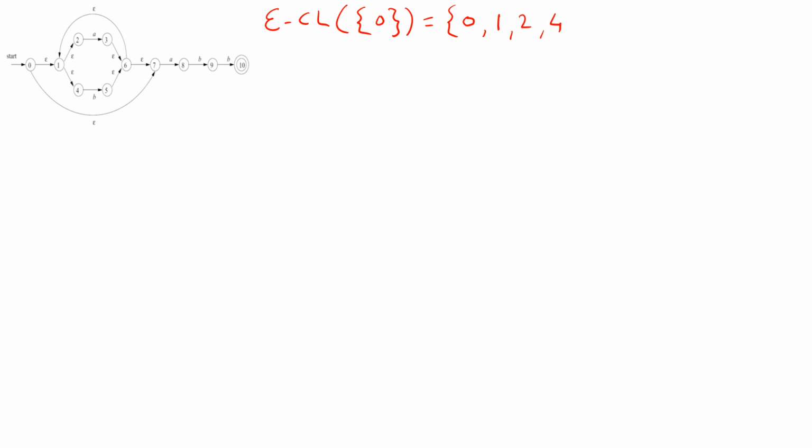But we do realize that we have an additional epsilon transition from state 0, and that is to state 7. Now state 7 does not have any epsilon transition. So we are done with this. Now this will be called state A. And this A, which we have just calculated, will be the start state of my DFA.